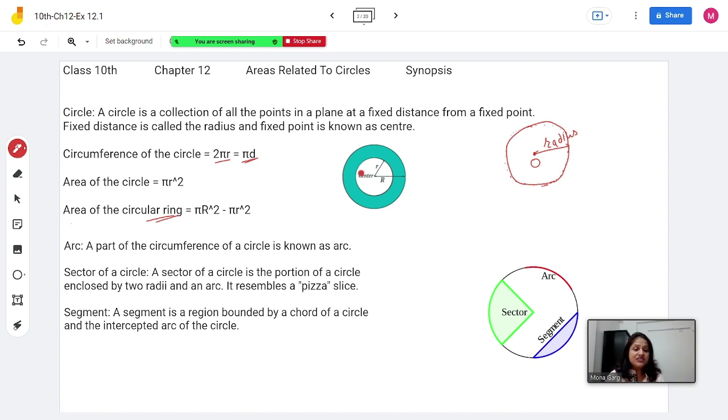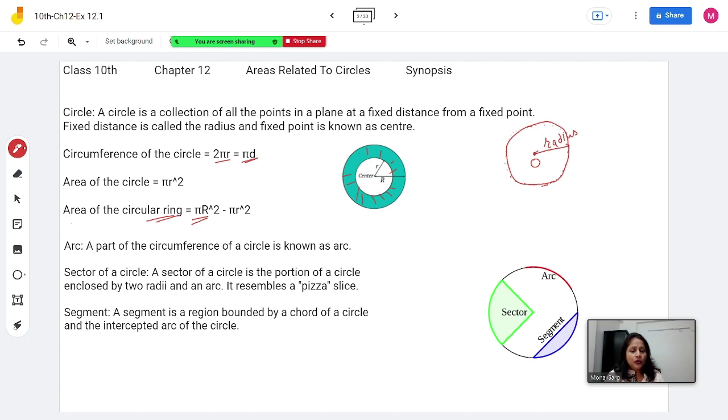Now, what is the area of the circle? It is pi r square. So let's say this is a bigger circle with radius capital R. Its area is pi R square. Now this is the smaller circle with radius r and its area is pi r square. I subtract these two, then I will get this. This is the area of the ring.